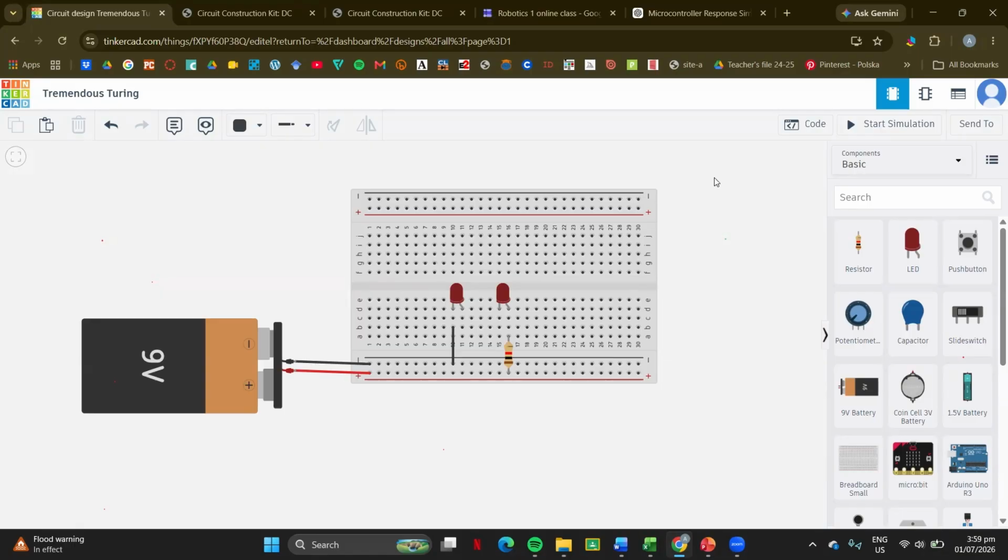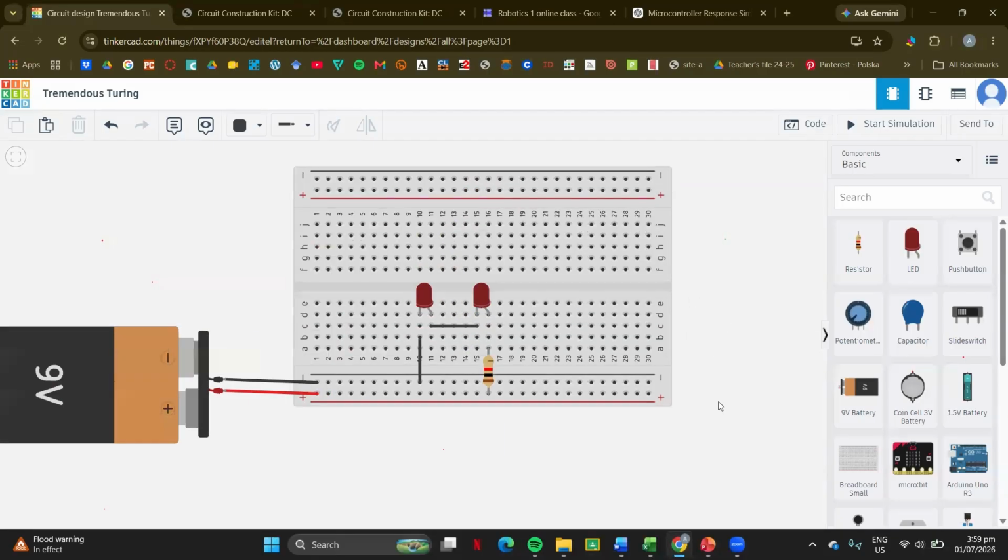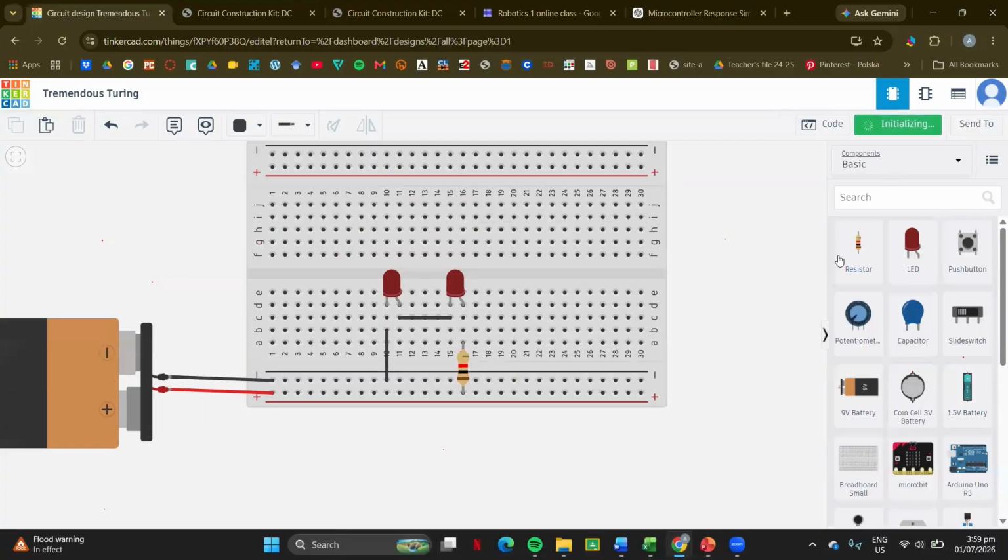Do you see the row number? Wait. Which row numbers should I connect? C11. C11. And then? Is it clear? C15. C15. Okay. Yep. Now you have a series connection.